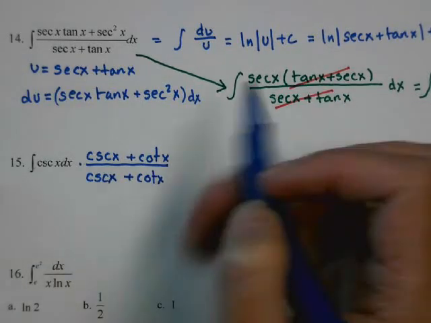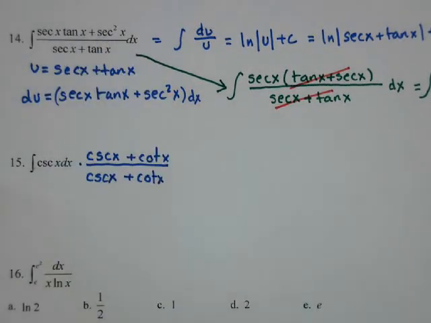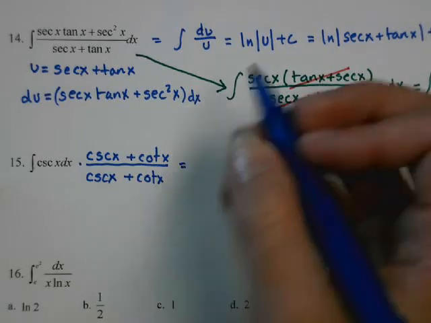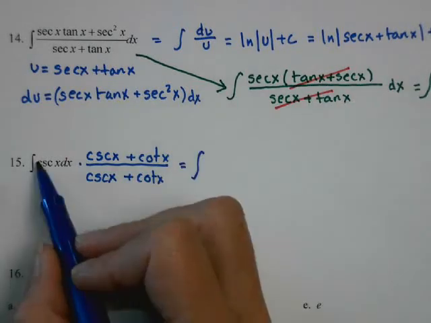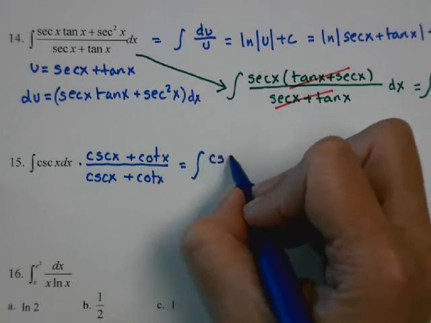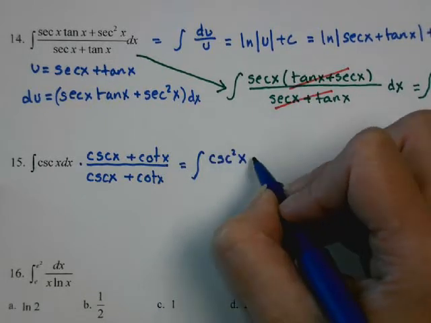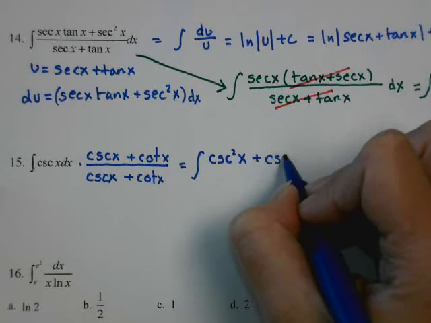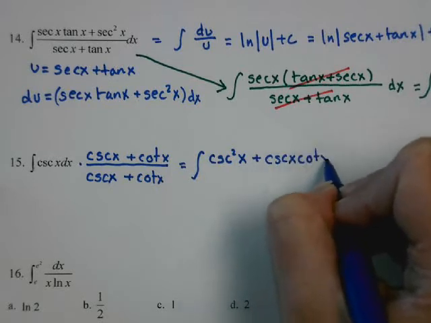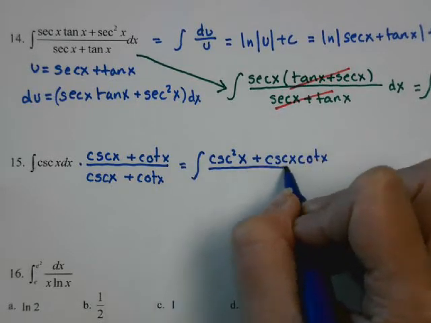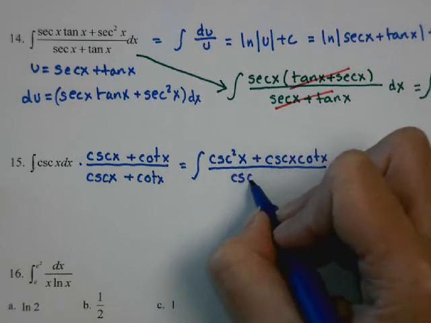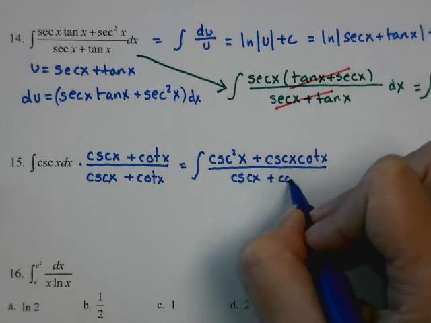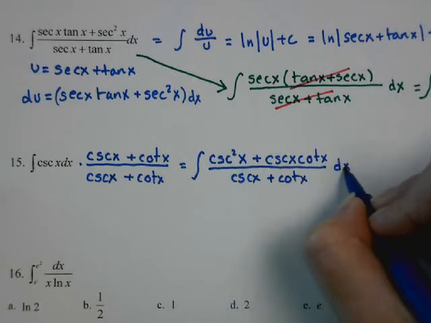So we're just multiplying by 1, but it's going to give me something like this, which we can then integrate. So this is going to be the integral of, on the top, cosecant squared x plus cosecant of x cotangent of x, all over cosecant of x plus cotangent of x dx.